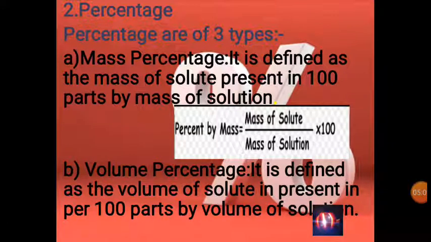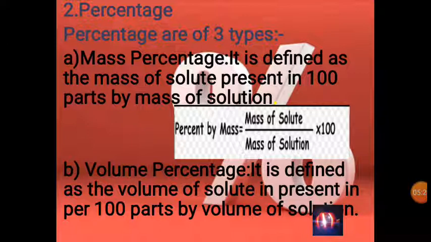The second one is percentage. Percentage is of three types. The first one is mass percentage. It is defined as the mass of solute present in 100 parts by mass of solution. For percent by mass, we use mass of solute upon mass of solution into 100. Concentration described by mass percentage is commonly used in industrial chemical applications.